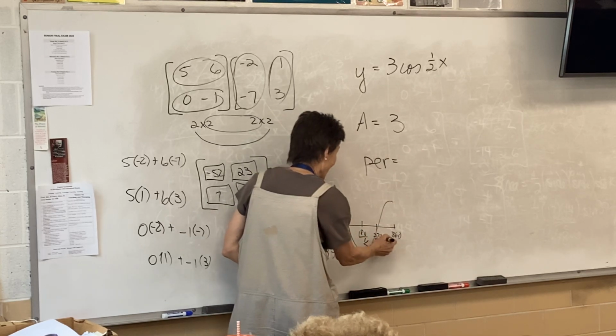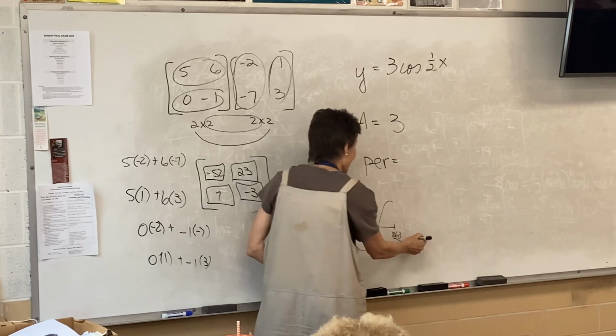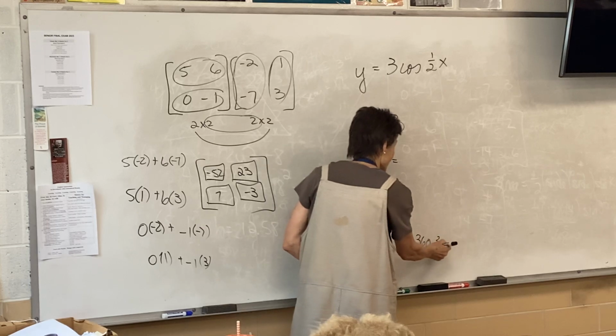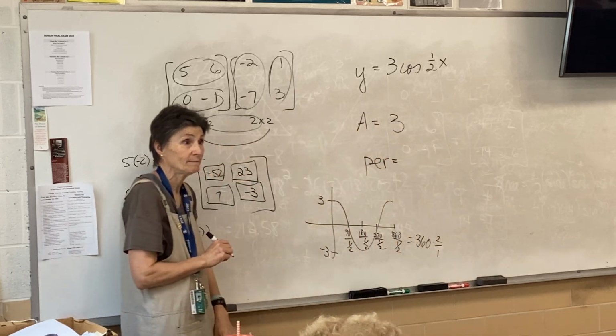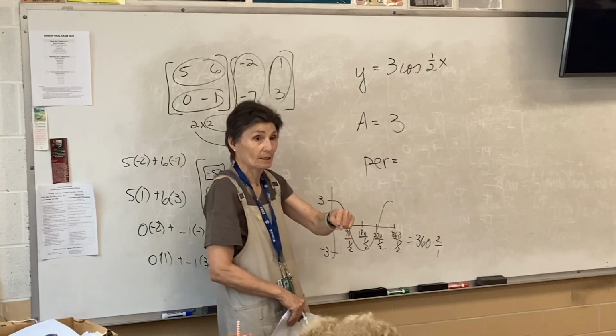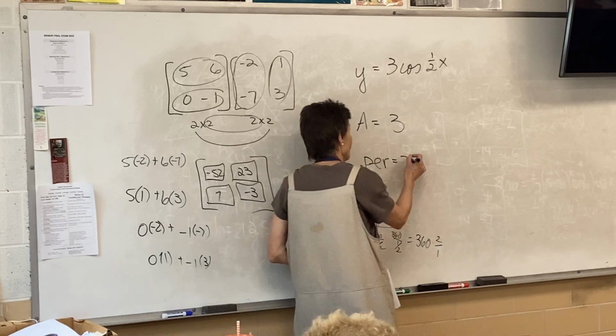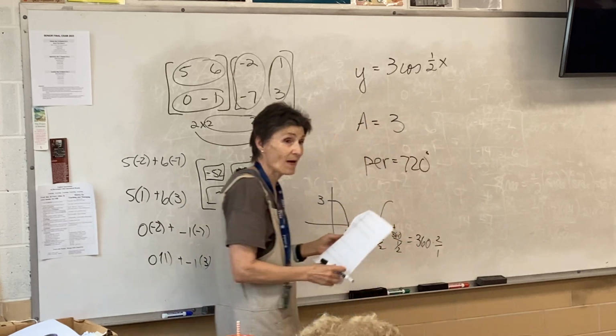All of these are divided by a half. But dividing by a half is the same as multiplying by 2. So that last label was originally 360, but now it's been changed to 720, and that is your period.